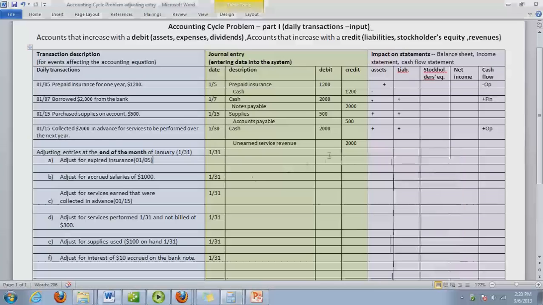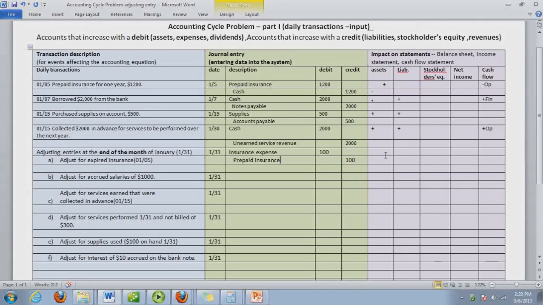So we're going to enter $100, whoops, wrong place, over here. That's why adjusting entries often are harder, because you have to deal with titles as well as calculations. We want an expense title, so how about insurance expense being recorded first? We debit our expenses, and then prepaid insurance, the asset, is going down.